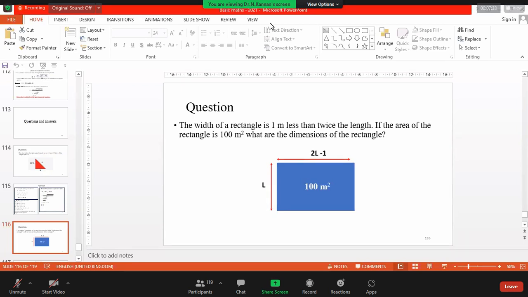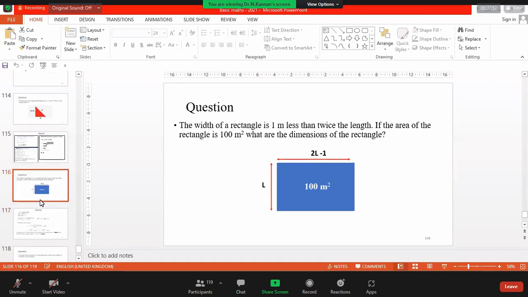Sir, excuse me. Yes, talk to me. Sir, in this calculation, I don't know about others, but I can't get an exact square root. Are you sure? Yes, for me, I don't know others. Yeah. So we will wait for a few others.